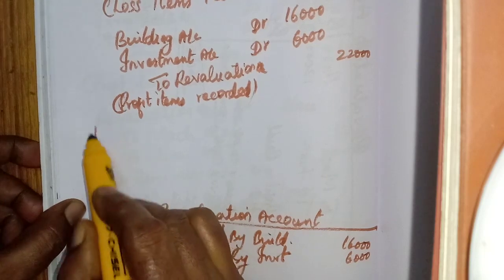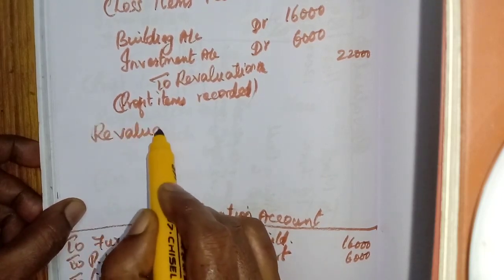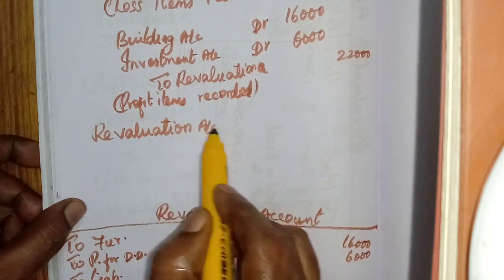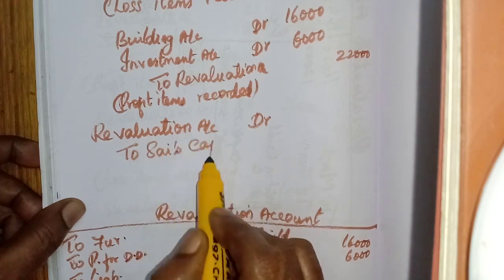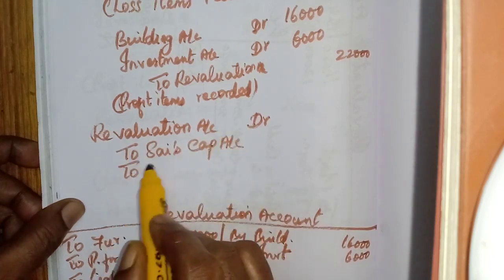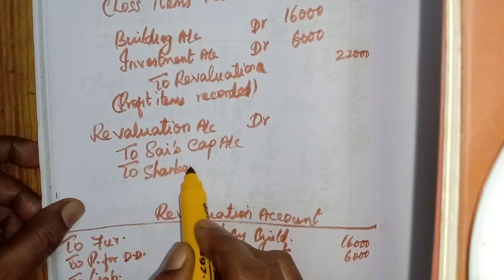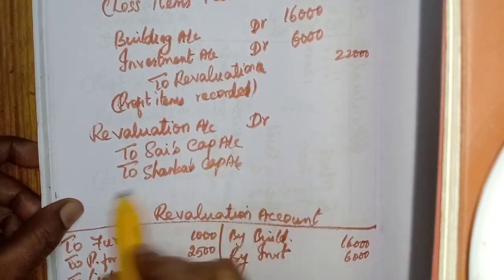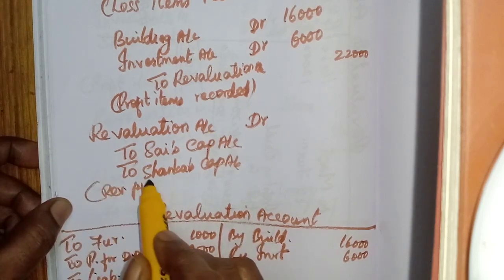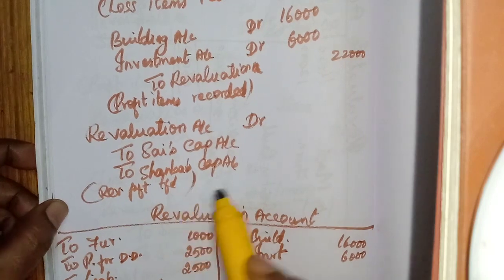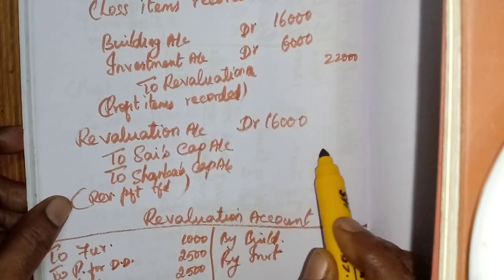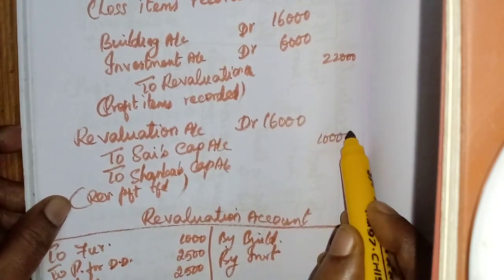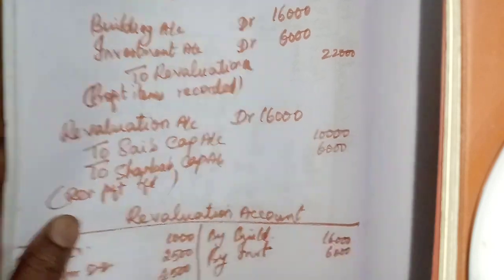Revaluation account debit, to Sai's capital account, to Shankar's capital account. Revaluation profit transferred. Here 16,000, here 10,000, 6,000. Now we have to prepare the capital accounts.